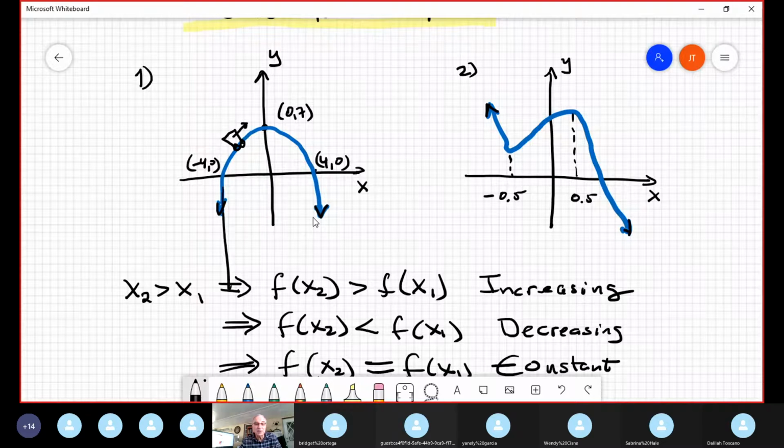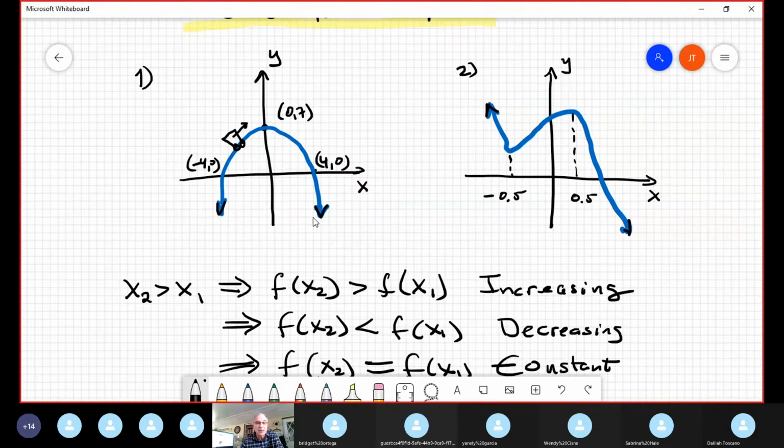It's not a motion. To analyze increasing, decreasing, or constant, you travel on the curve using the roller coaster car, always from left to right.